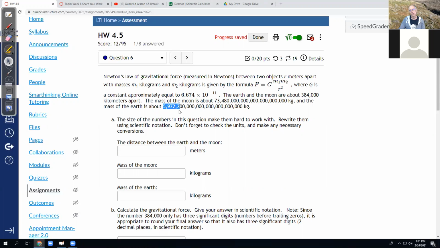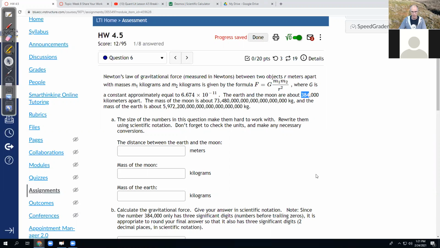When you make a calculation based on other numbers, the scientific rule is you can't have any more significant digits than the fewest ones you started with. And the fewest ones I started with were 3. So in my final answer, I'm only going to show 3 significant digits, and the rest I basically ignore.